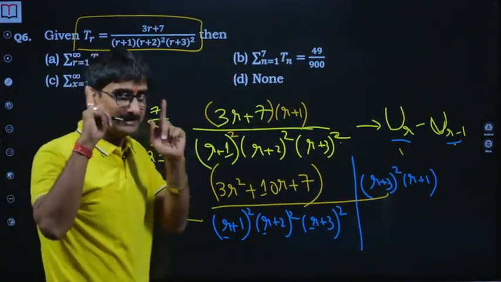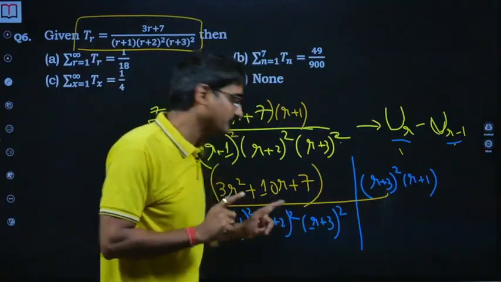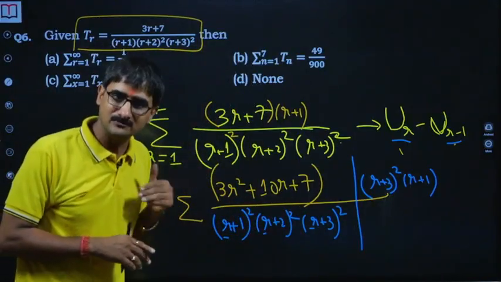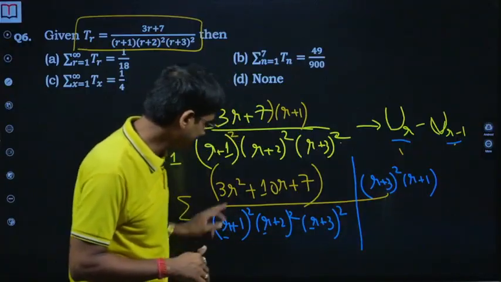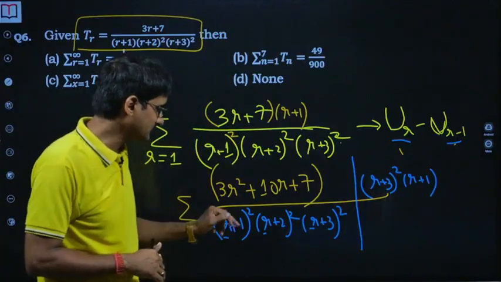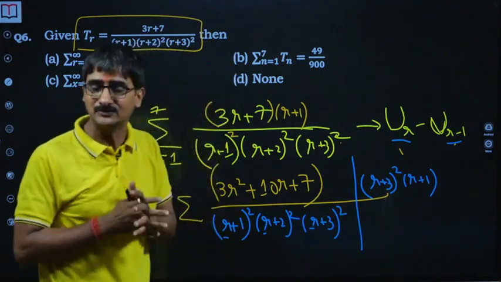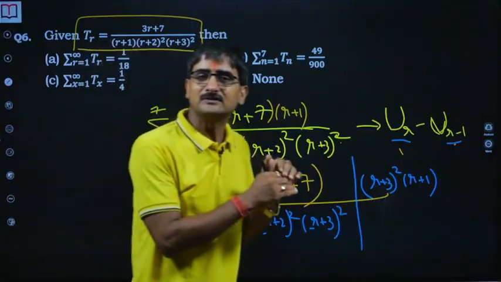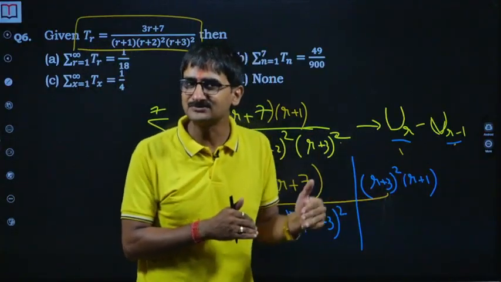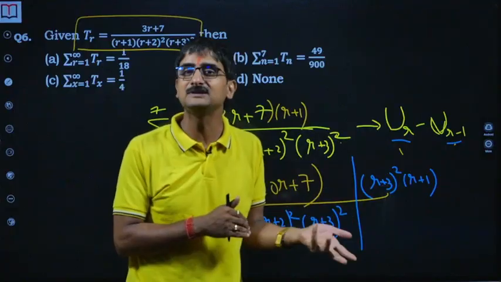Okay, now what will that leave for me once I remove from the denominator r plus 3 whole square into r plus 1? I will be left with r plus 1 into r plus 2 whole square. Now if I have to write its next term, it has to be r plus 2 into r plus 3 whole square.